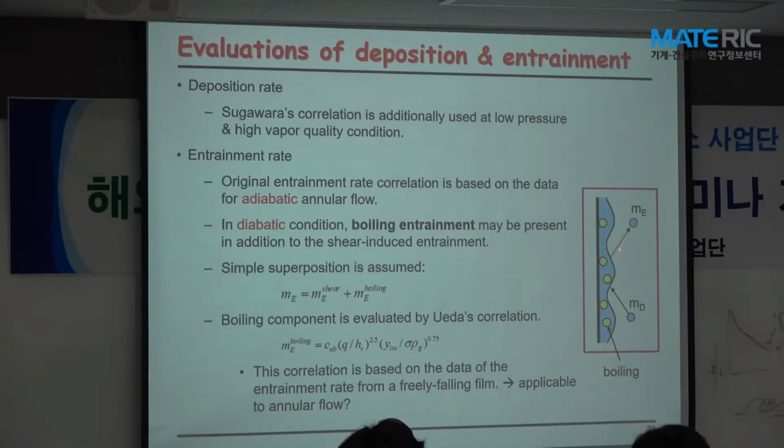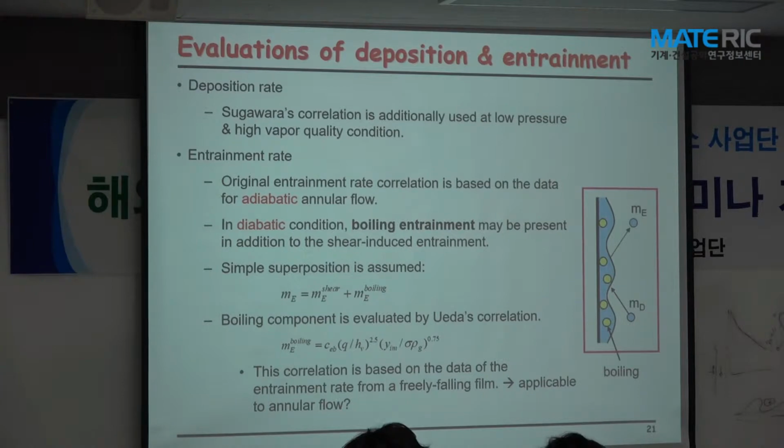Usually, we want to believe that phase change occurs here. Do you understand the difference between boiling and evaporation? Water is here. Evaporation occurs here. Boiling, when heated, occurs here. In the case of annular flow, the liquid film is very thin.